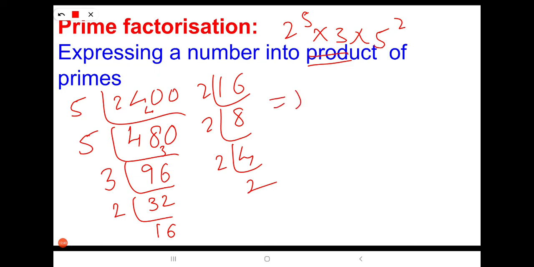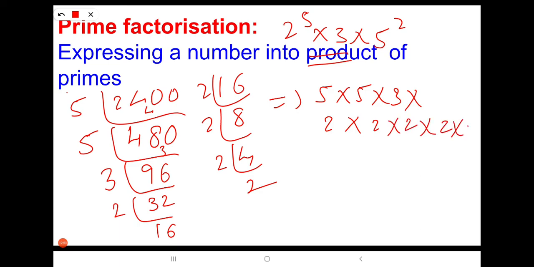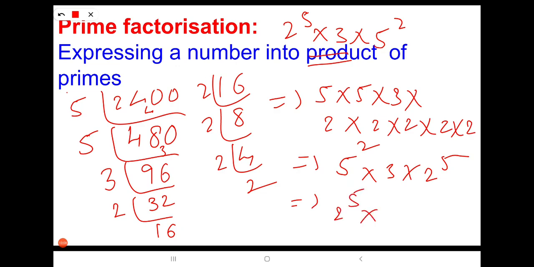So what does it become? Look here, 5 into 5 into 3 into 2 into 2 into 2 into 2 into 2. So it becomes 5 square into 3 into 2 power 5. If you arrange in order, this becomes 2 power 5 into 3 into 5 square.